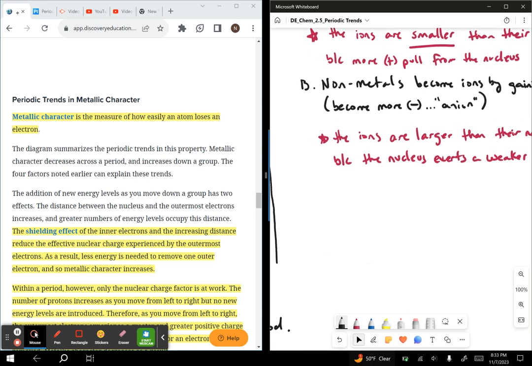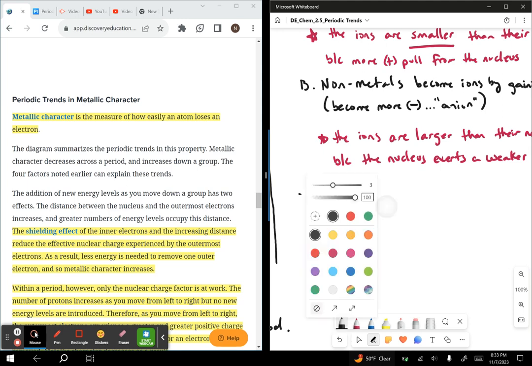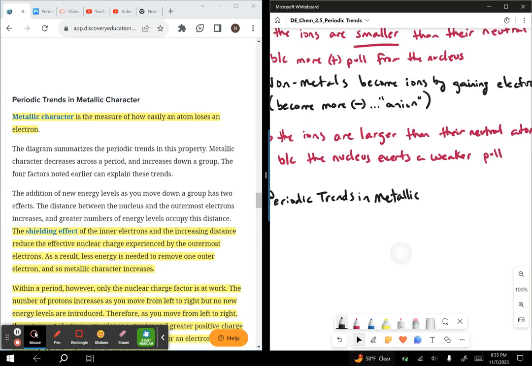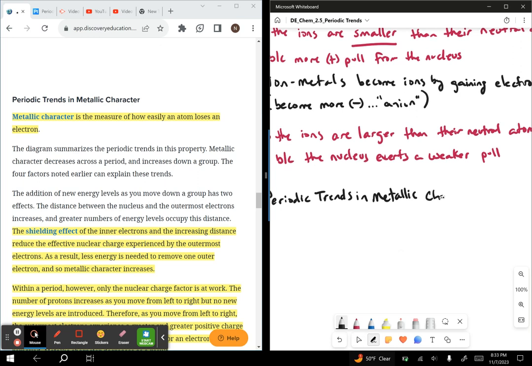We're going to say Roman numeral 4: periodic trends in metallic character.